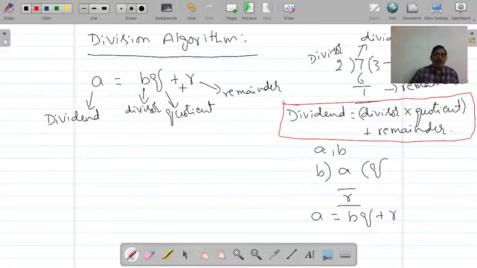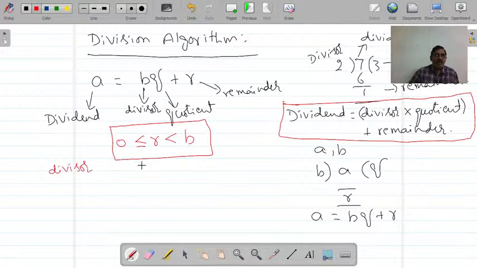Here the condition is 0 less than or equal to R less than B, means the remainder should always be less than the divisor. So for your quick understanding, here suppose we are considering the divisor, then here we can write possible remainders.